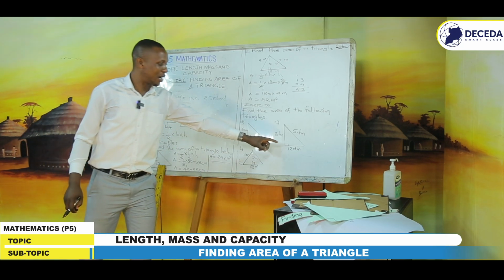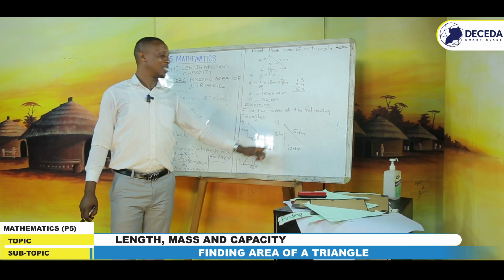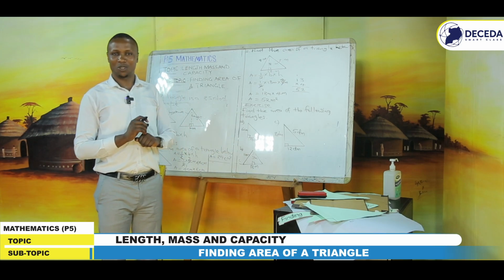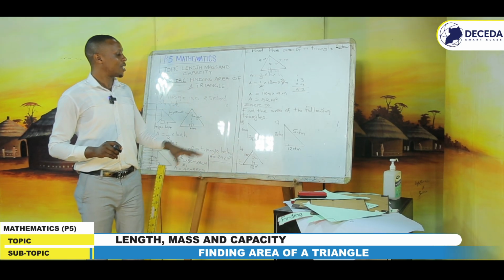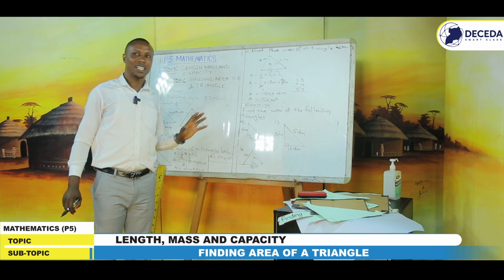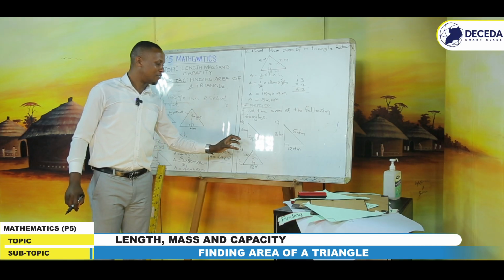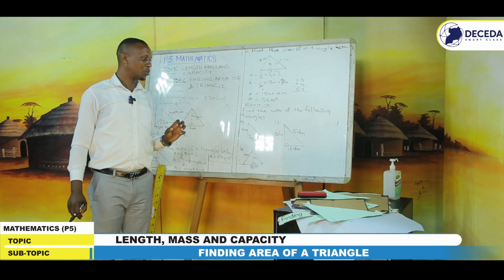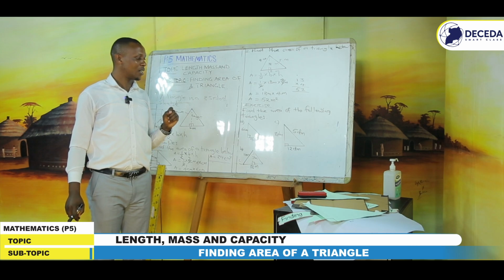If here we are in decimeters, and you try to use centimeters, the answer is wrong. It means that you are marked wrong. Please follow the given units to work out the given triangles.